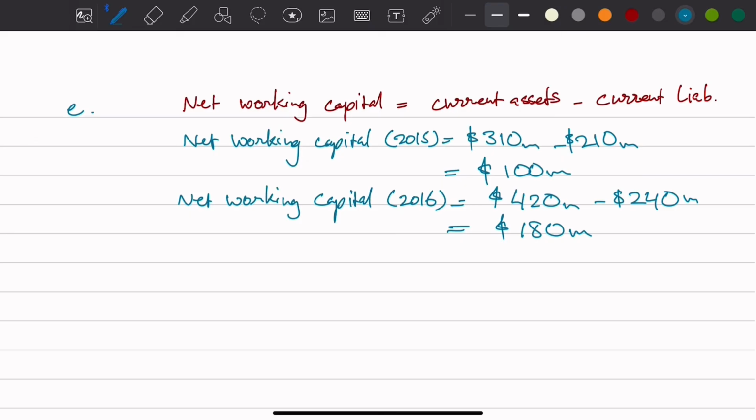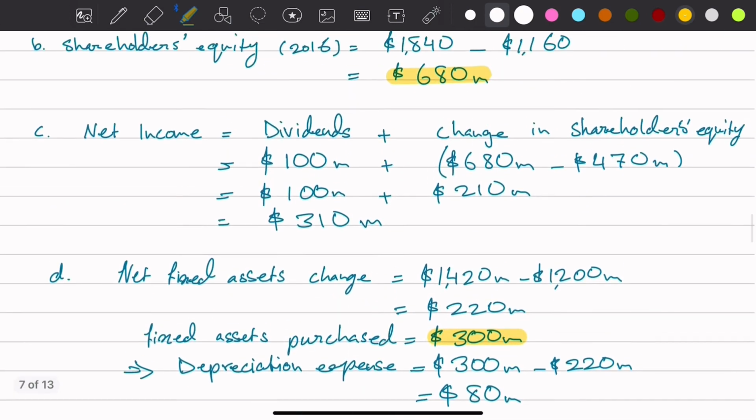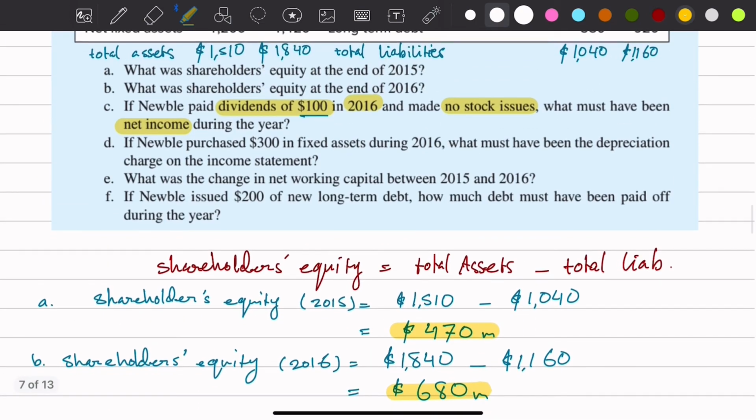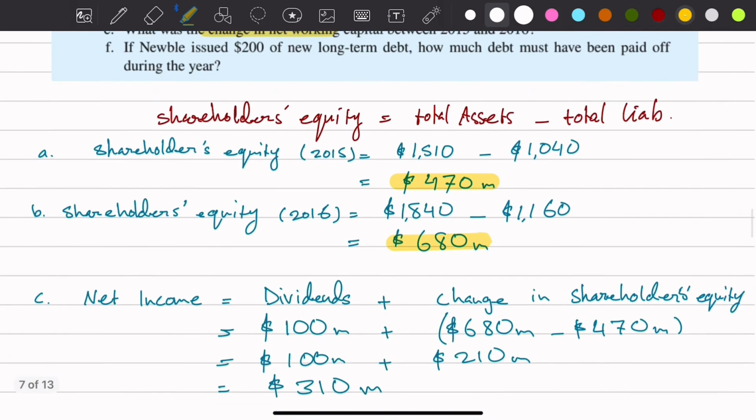We haven't answered the requirement yet. We just calculated the net working capital of 2016 and 2015. The requirement is what was the change in net working capital between 2015 and 2016.